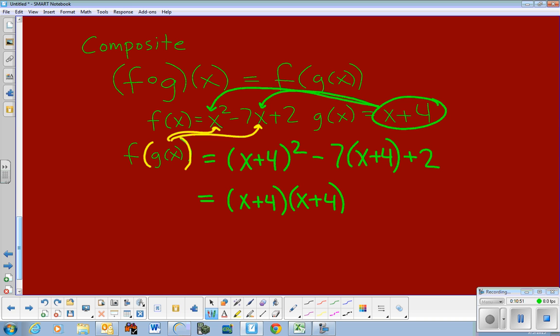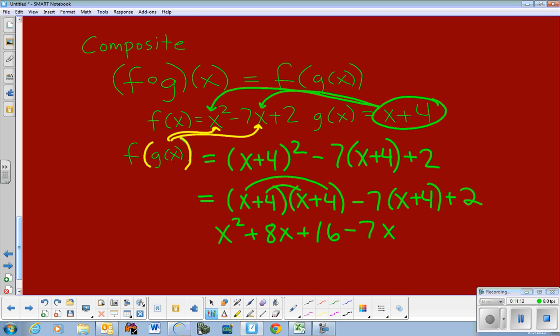It contributes to my hair turning gray. Write it twice. FOIL it out if that's the method you prefer. Distribute both: x squared plus 8x, which was plus 4x and plus 4x, plus 16 minus 7x minus 28 plus 2. And then gather your like terms.